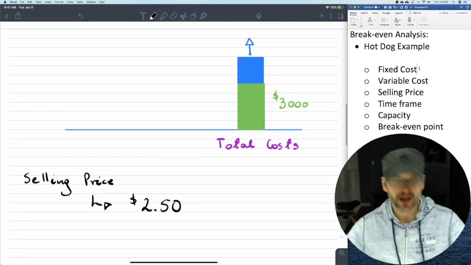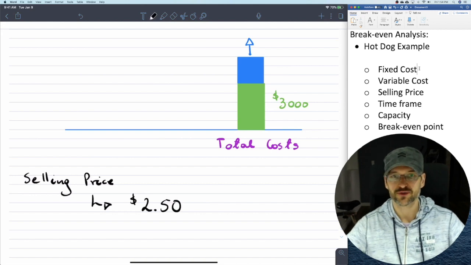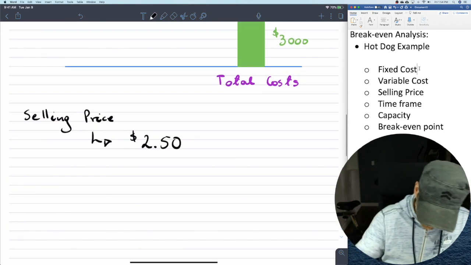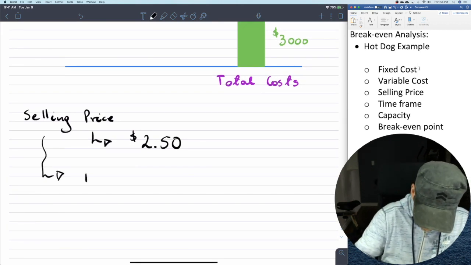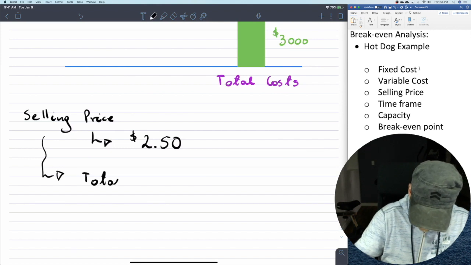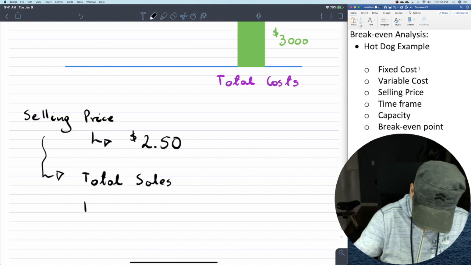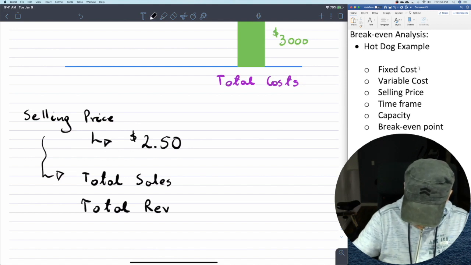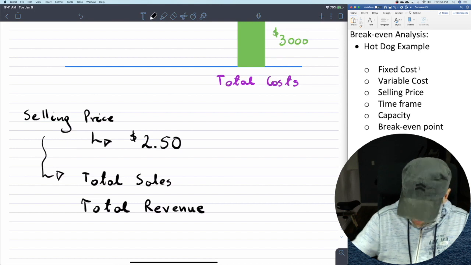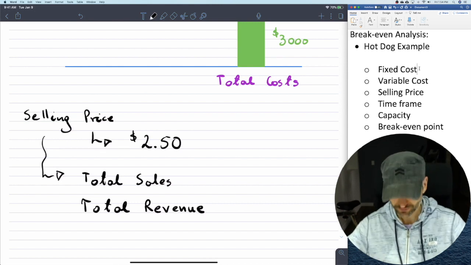Every time we sell a hot dog, we're going to make $2.50. From this selling price, we can find out the total sales that we've made, which is called total revenue or just revenue: all the money coming into the business.